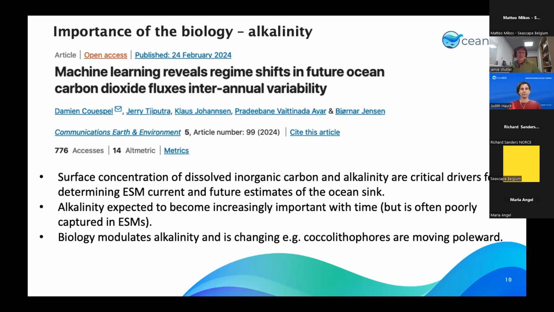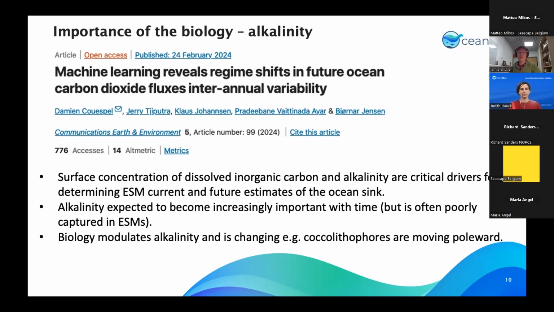They essentially identified that, not surprisingly, dissolved inorganic carbon was a strong predictor of the ASC exchange, but also alkalinity. And they identified that the significance of those 2 parameters is changing through time, and that the alkalinity controller is expected to increase.